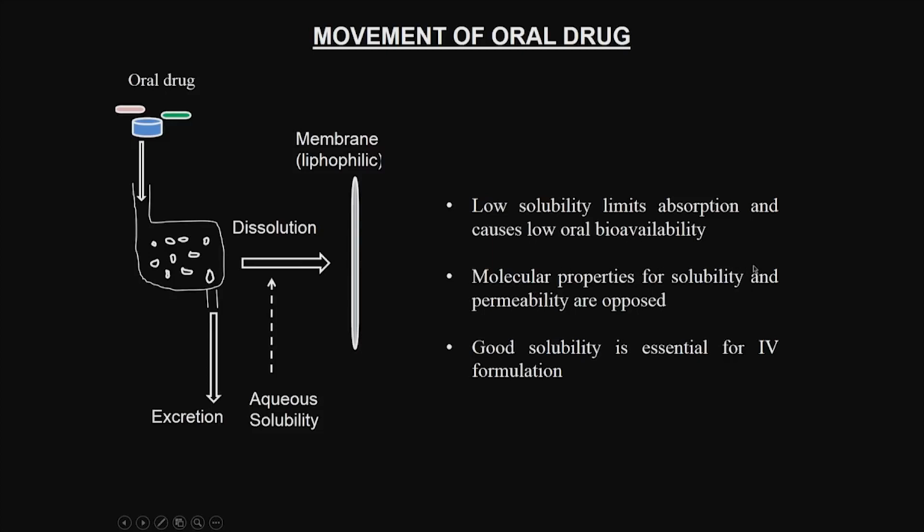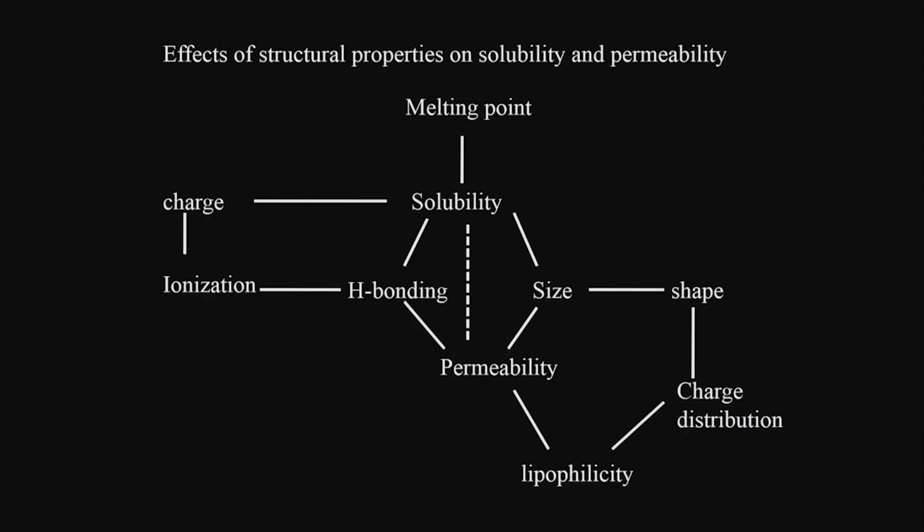And of course, solubility and permeability are opposed to each other, molecular properties, and good solubility is essential for intravenous dosing, because as I said before, when the drug is injected intravenously, it cannot be in a solid form, it has to be in a completely dissolved form.